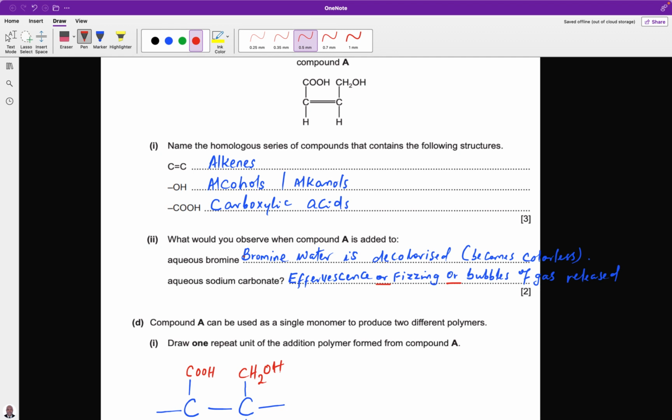What is a homologous series? A homologous series is a group of compounds which have the same general formula. Each member differs from the next only by a methylene group, that is a CH2 group.